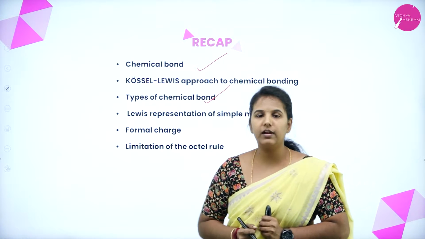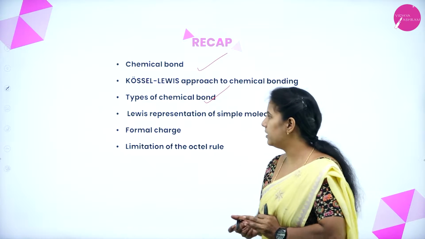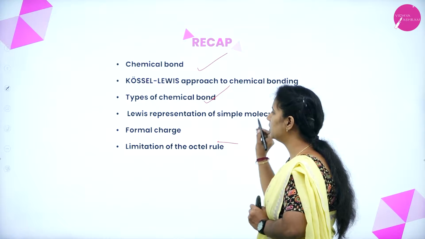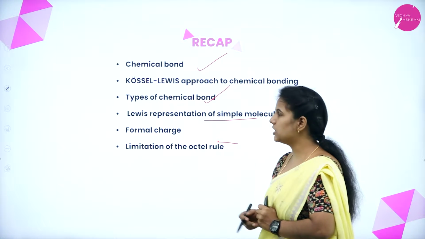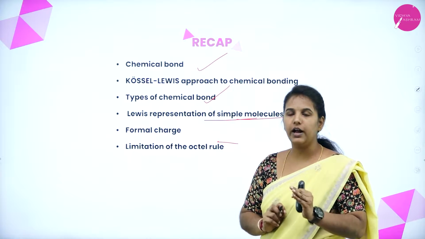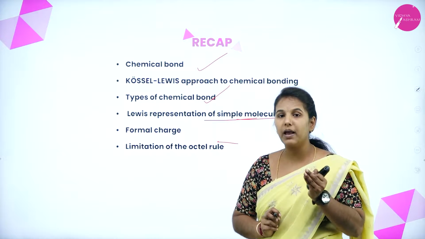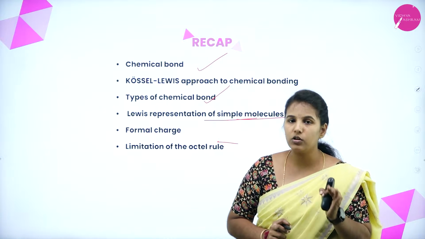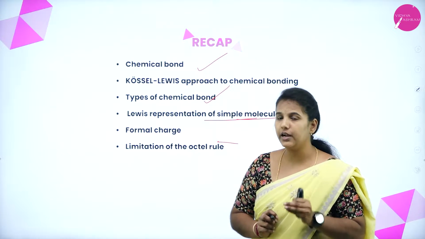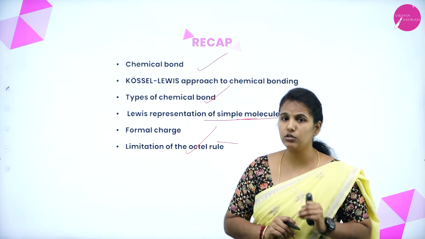In that, we deeply discussed the covalent bond and its examples. We also learnt about the Lewis representations of some important molecules, understood what formal charge is and how to calculate it using ozone as an example. In addition, we also discussed the limitations of the octet rule.